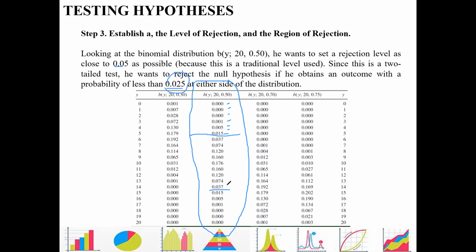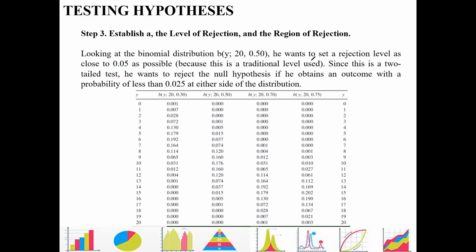So hanggang dun lang kasi pag dinagdag mo na itong 0.037, it will not be less than 0.025. So if that's the case, the region of acceptance is this part, 6 to 14, and the region of rejection is from 0 to 5 and 15 to 20.